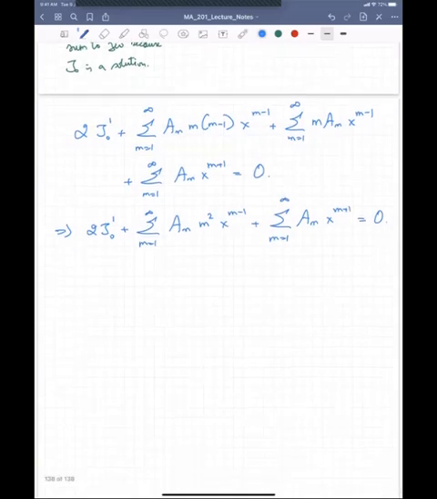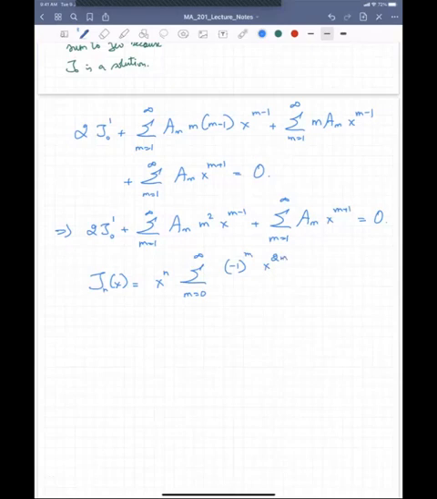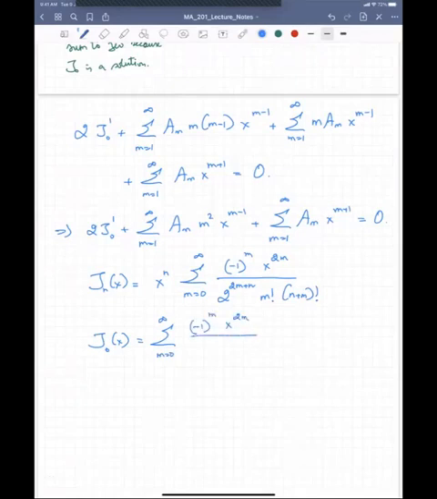Of course, you already know what J0 is, which means you already know what J0 prime is. You know J_n of x to be x to the n times the sum of minus 1 to the m x to the 2m divided by 2 to the 2m m factorial (n plus m) factorial, right? So if I put n equal to 0, I know J0 is the sum of minus 1 to the m x to the 2m divided by 2 to the 2m (m factorial) whole squared, because n is 0.